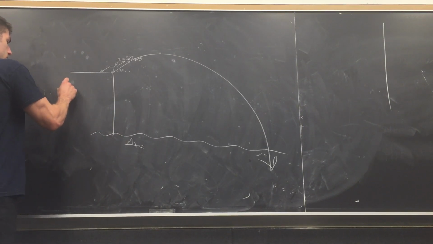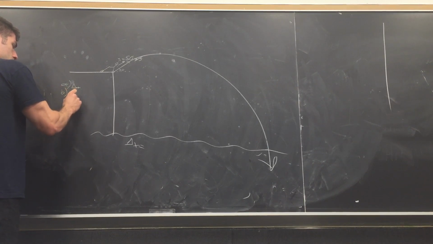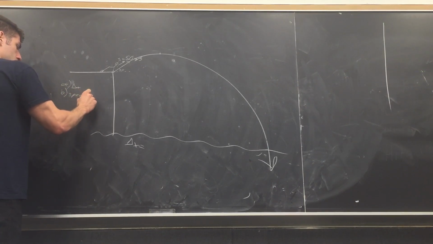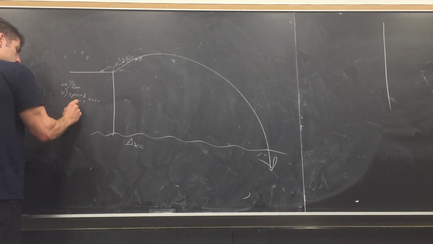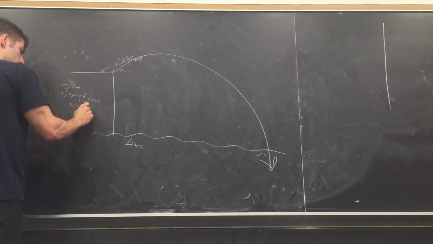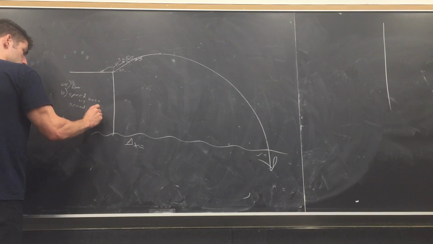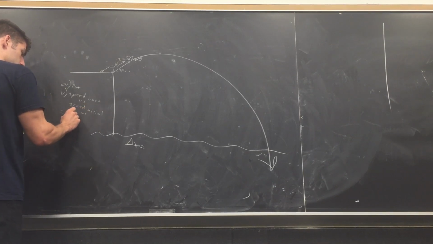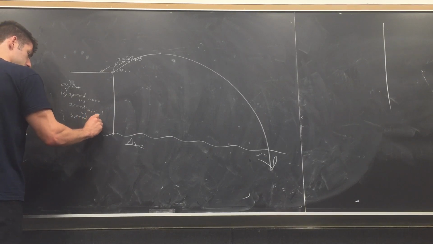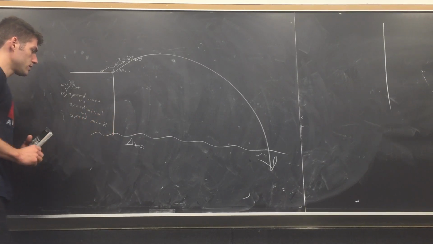So A, delta x. B, speed at the bottom versus speed initial versus speed at max height.